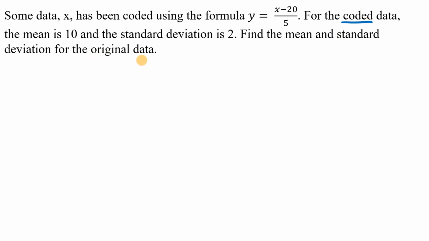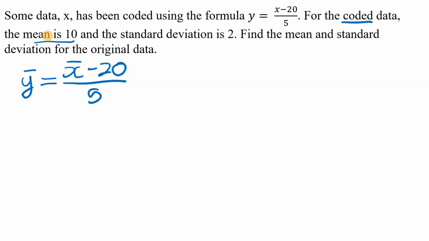Okay, so let's start with the mean. So we're told that the mean is 10 for the coded data. So remember, the mean will be affected by both the 20 and the 5. So therefore the mean of the coded data, which is y bar, is going to be the mean of the non-coded data minus 20 over 5. Now we know y bar is equal to 10.